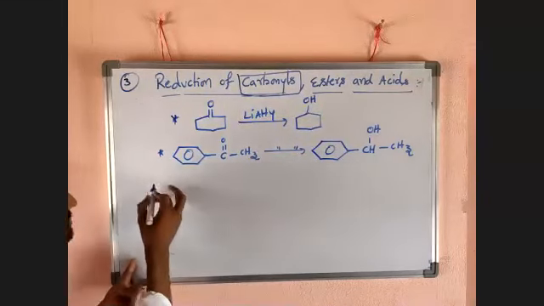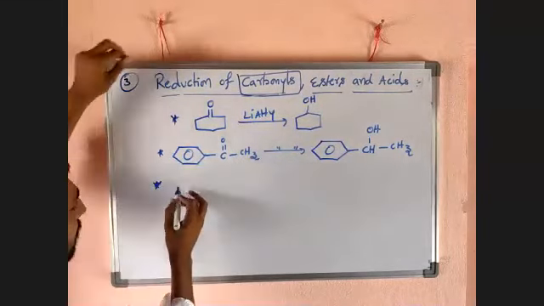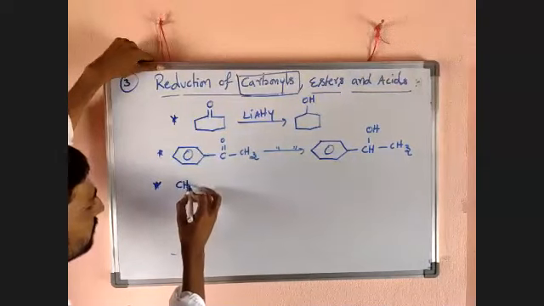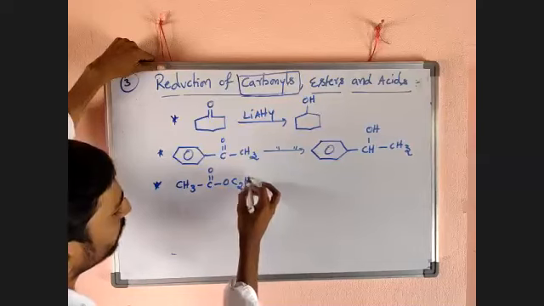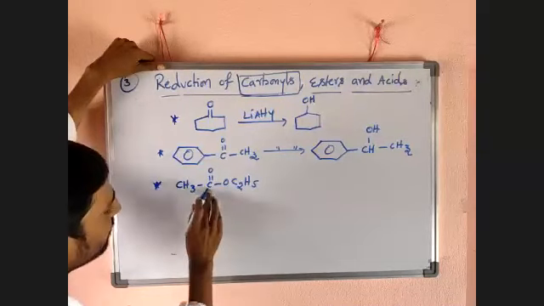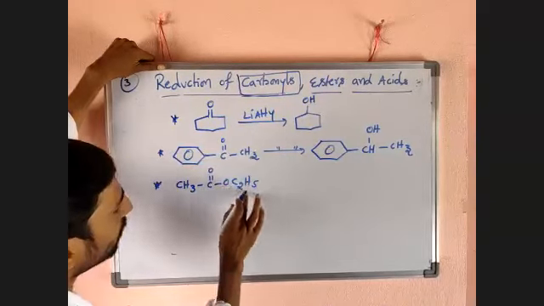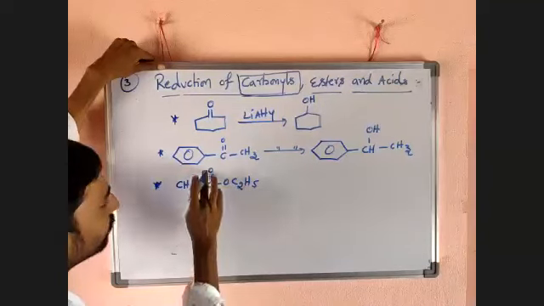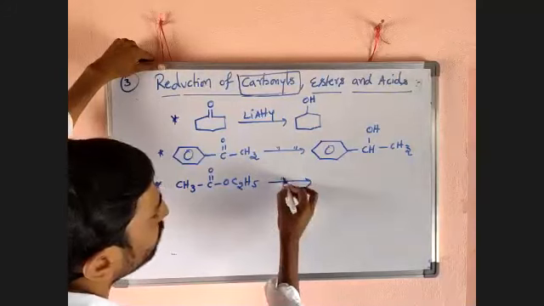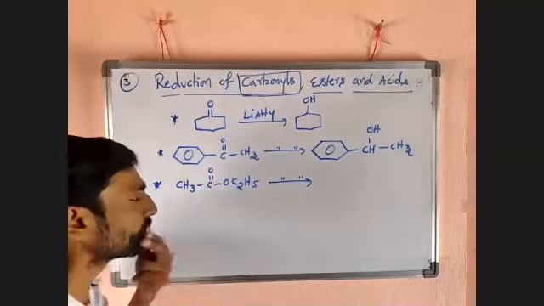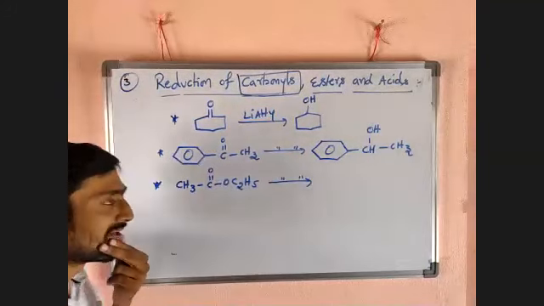Next, I want to take ester. One ester I want to take is CH3COOC2H5, or COOR. Then what happens here? I told you ester can generate two types of alcohols.